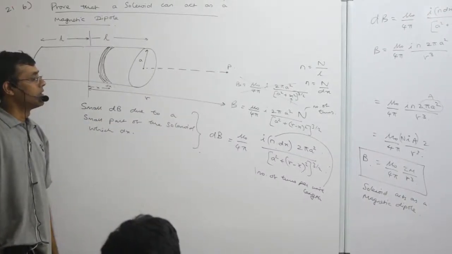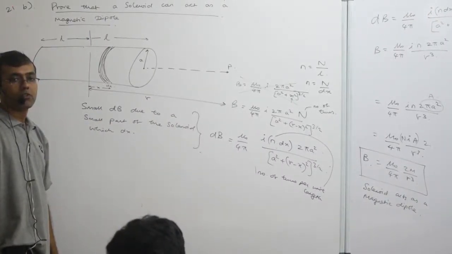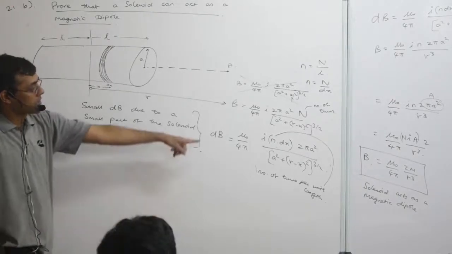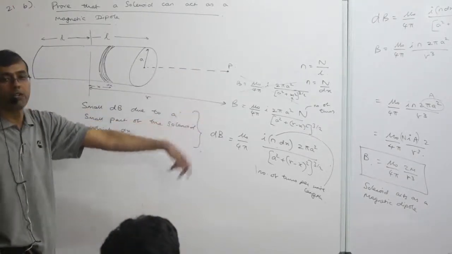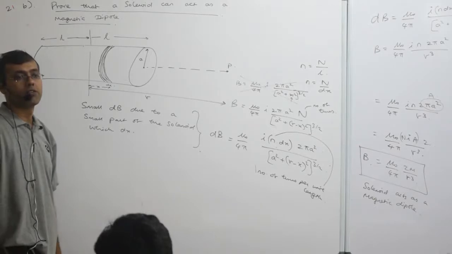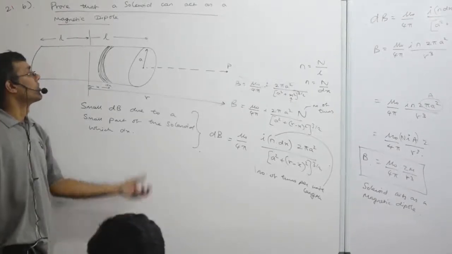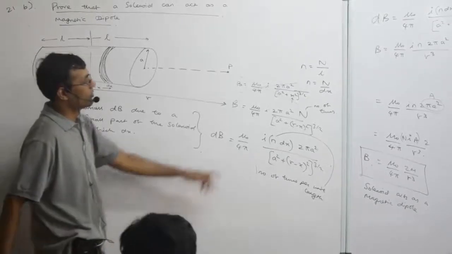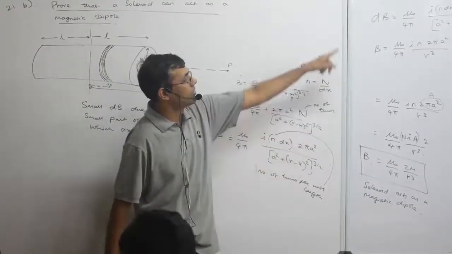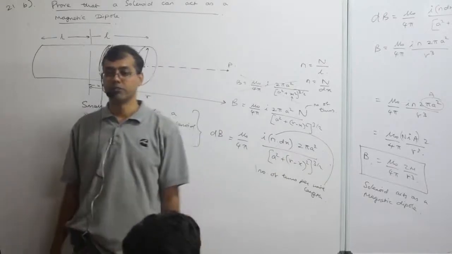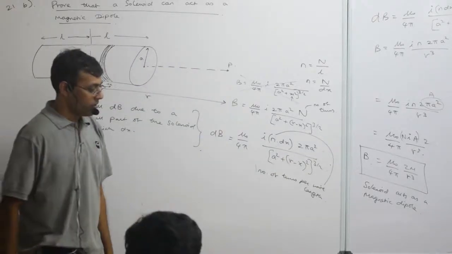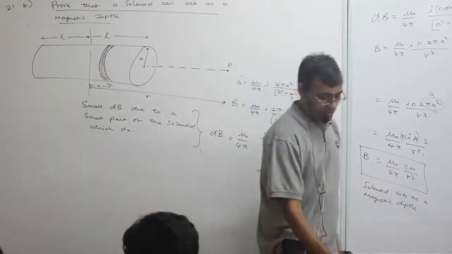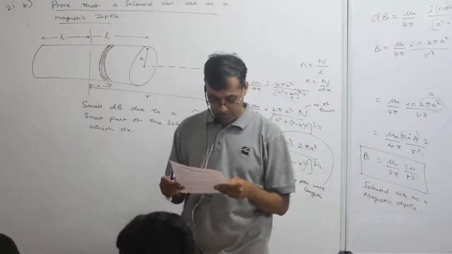For your CBSE board exam, you will have to remember this. Only if you know the starting point, you will be able to arrive at the final answer. So for all derivations, you should know the diagram, the starting point, and the ending point. If you know this and this, you can always play around with it and arrive at the answer. So that brings us to the end of this block.